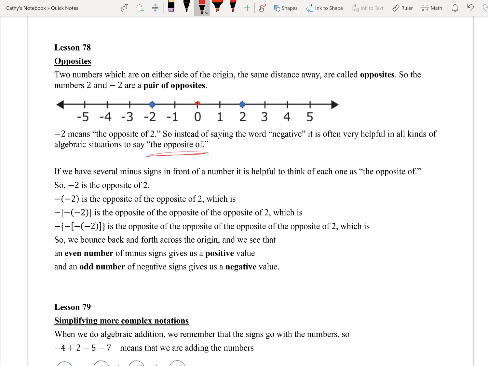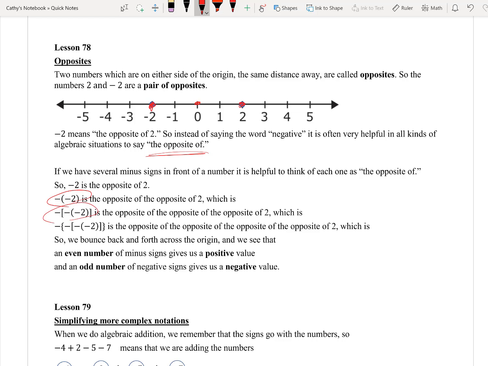So what that means is if you're at 2 and you go to the opposite of 2 over here, and then you take the opposite of 2, that puts you back over here. So in this case, you end up at 2, because it's the opposite of the opposite of 2, which puts you back at 2.